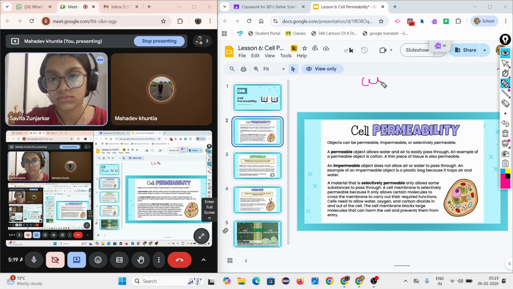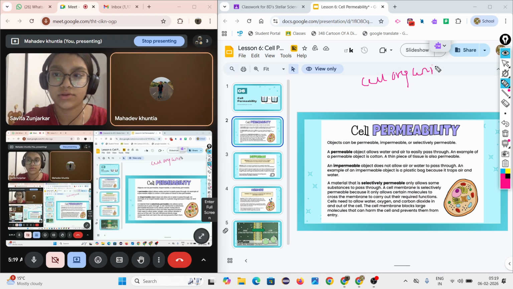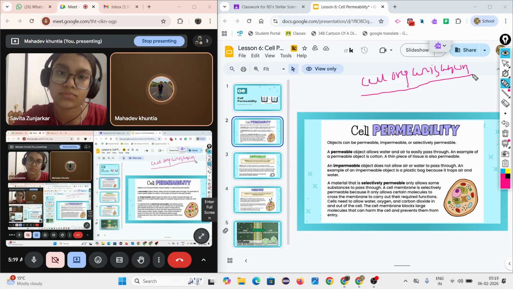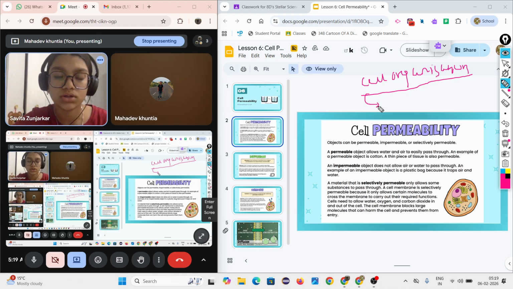Last class we completed cell organization. Then tell me, how many components of a cell are found in human beings? There are a total of four components. What are they?